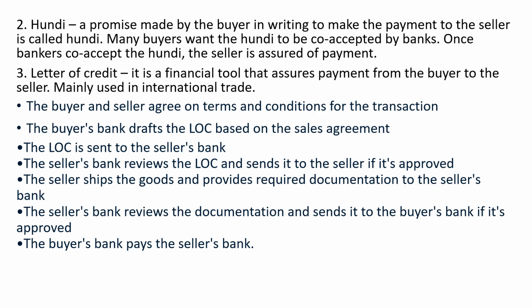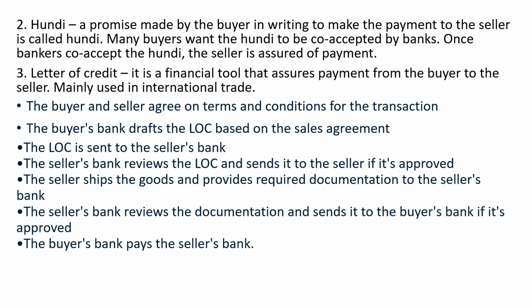Then next we come to Hundi. Hundi is a term of payment which is used in industrial marketing. Here the buyer will give a promise in writing to the seller that he will make the payment. That is known as Hundi.